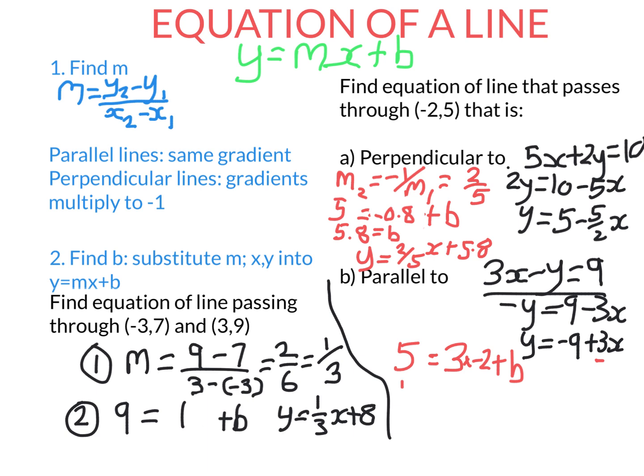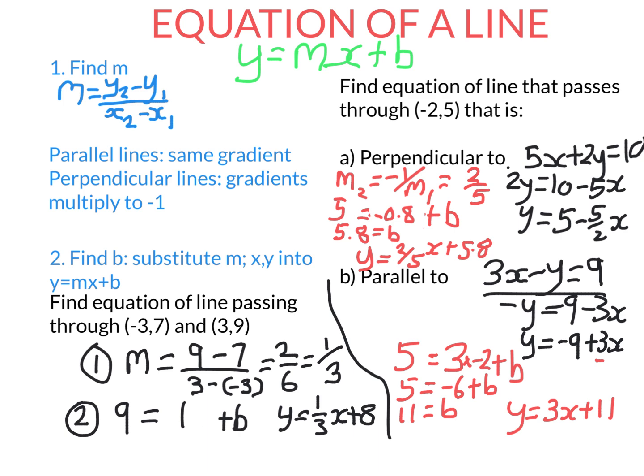So I have 5 equals -6 plus b. Of course, to get b by itself, I just add 6 to both sides. So I get b equals 11. The equation I'm after is therefore y equals 3x plus 11. So these two lines, this one and this one, will be parallel, and this line goes through that point.